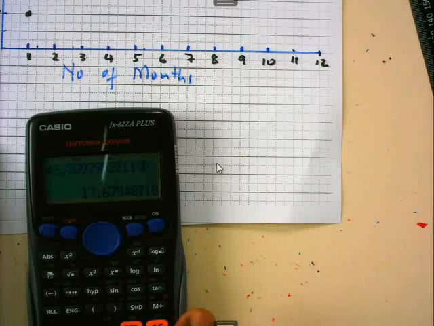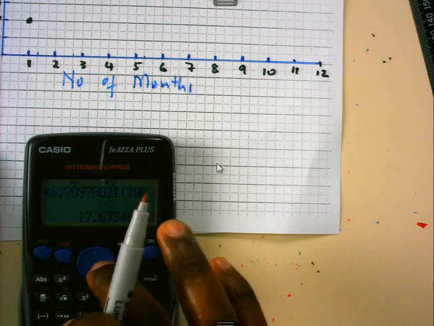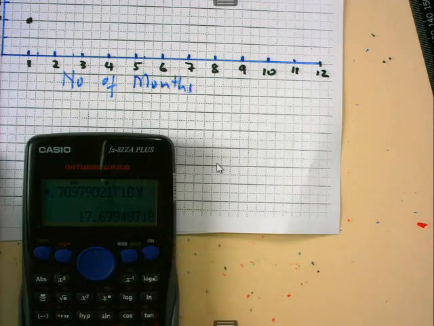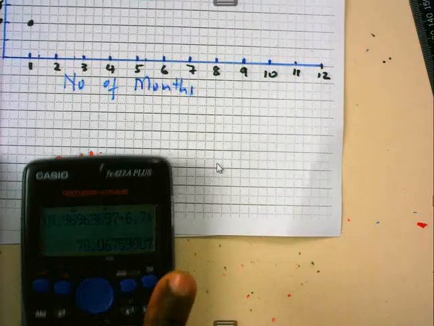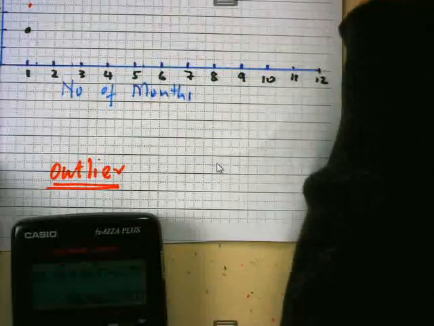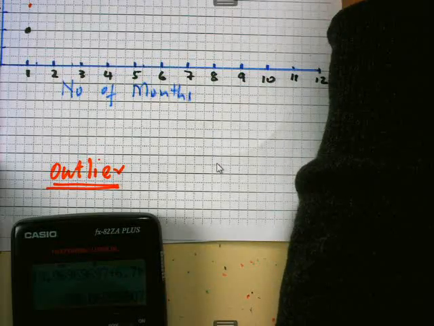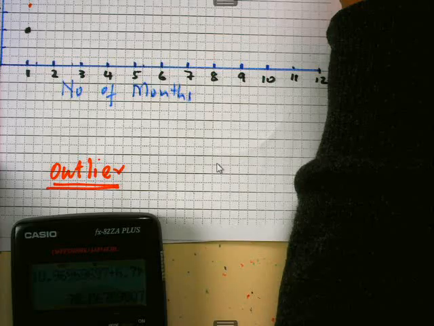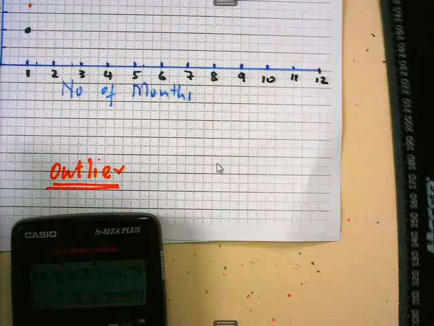The calculator says 78.07. There we are. 78 is somewhere there.